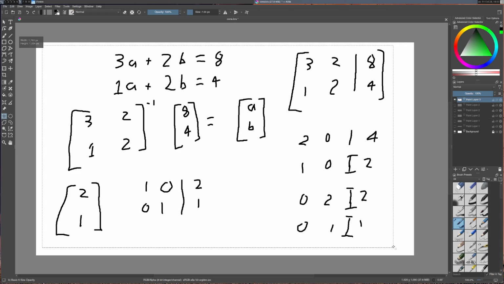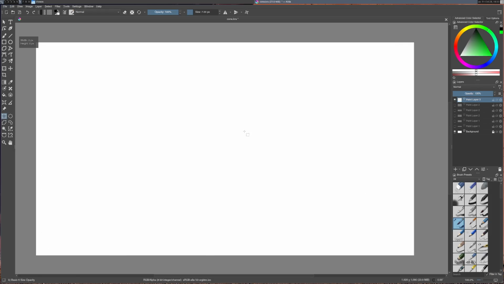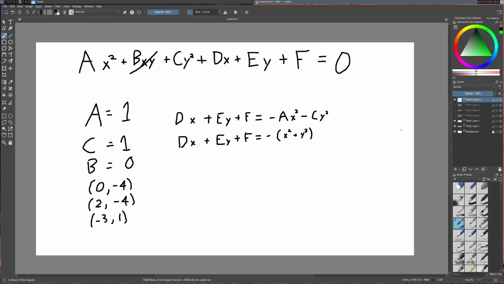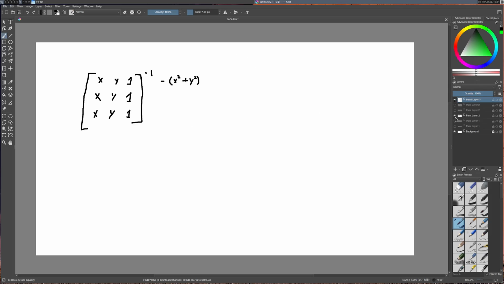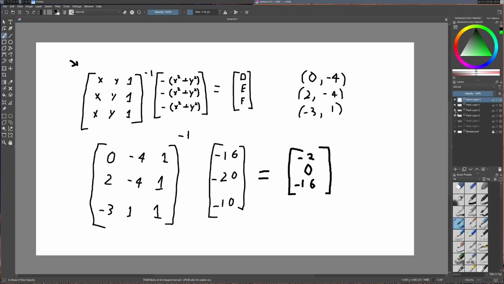Now we apply that same logic of systems of equations to the conics. We don't really care about the shape anymore, we just care how it looks when you plug this in. So remember, it would look like this. The matrices would look like that. When you plug that in, you get this for the left hand side and this for the right hand side.